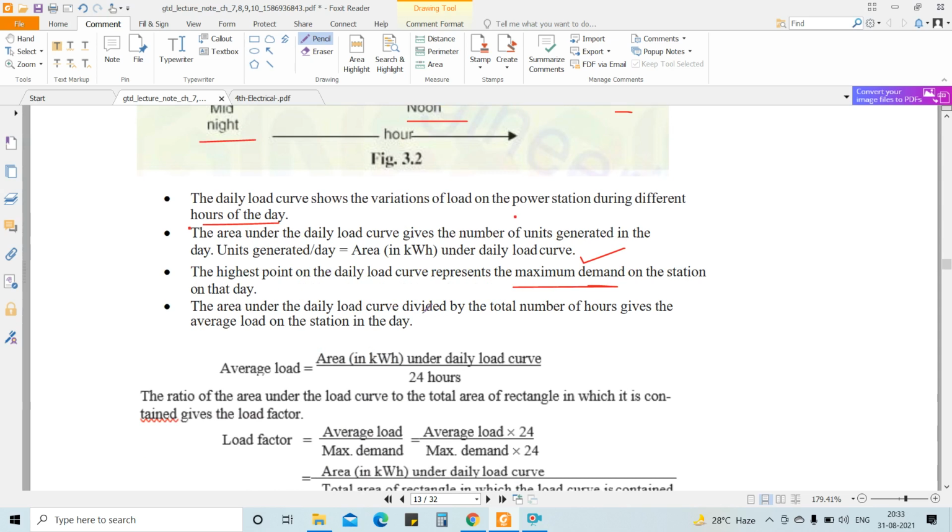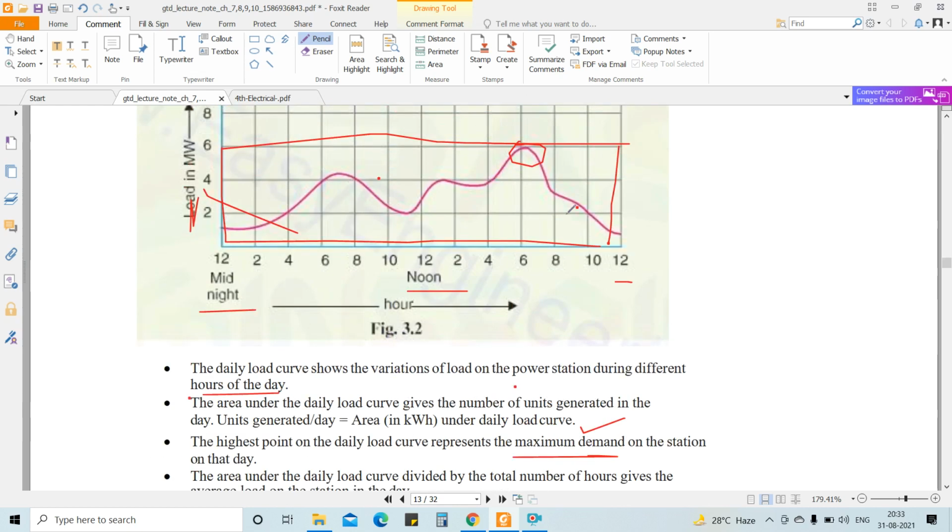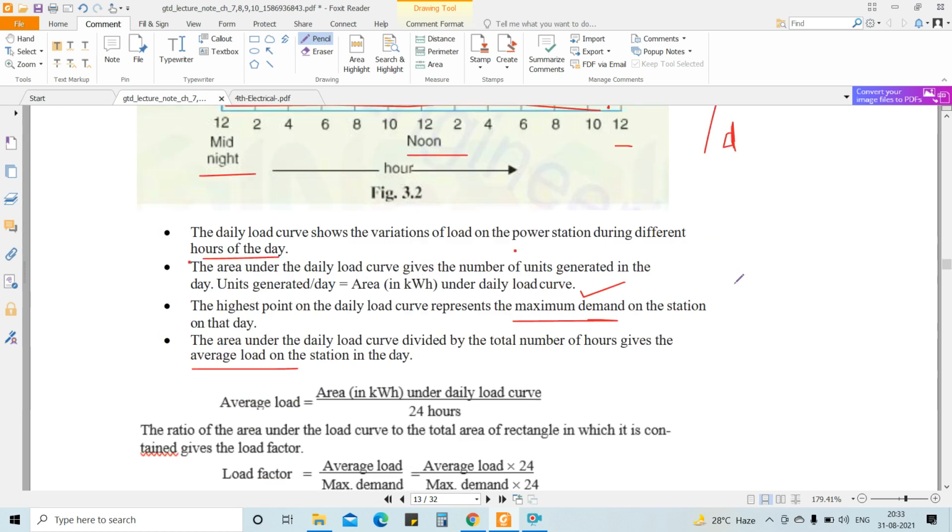So the area under the daily load curve divided by the total number of hours gives us the average load on the station in a day. Here whatever calculation we studied is on a per day basis, because our total time is 24 hours. So these are for one day.